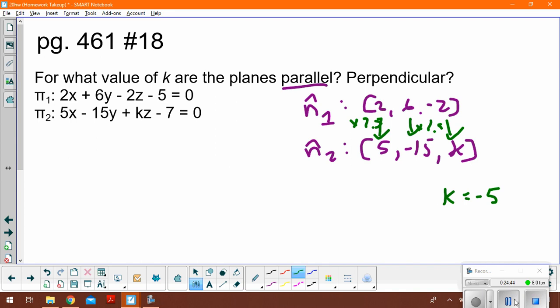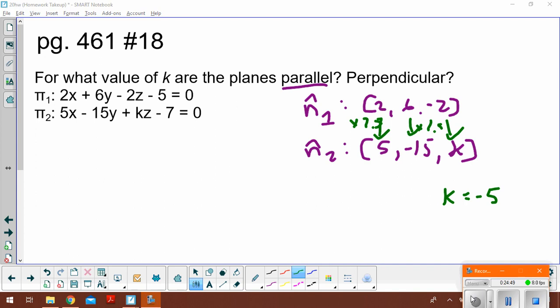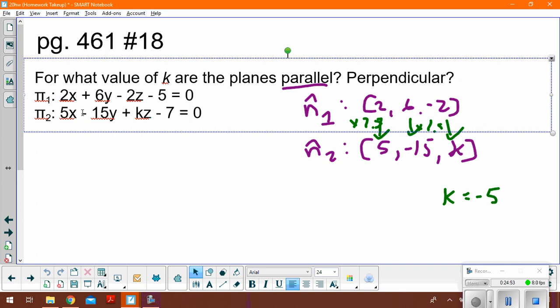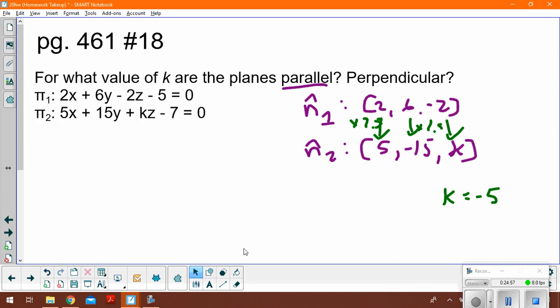Unless I copied it down wrong, it looks like that doesn't work. Okay, I copied that down wrong. This is a plus, because I can't have that sign switch. So it does work out. So by that, k would have to be equal to -5.